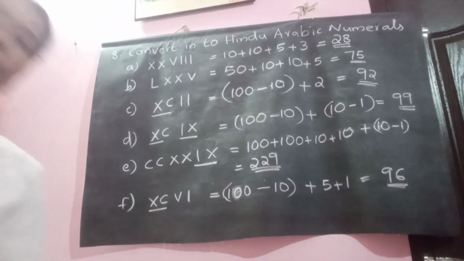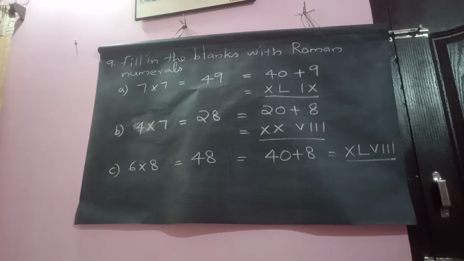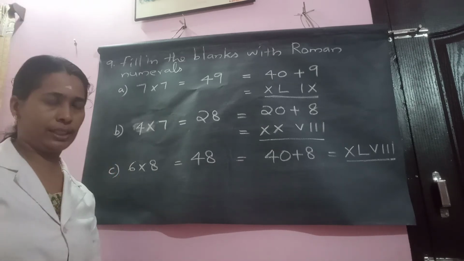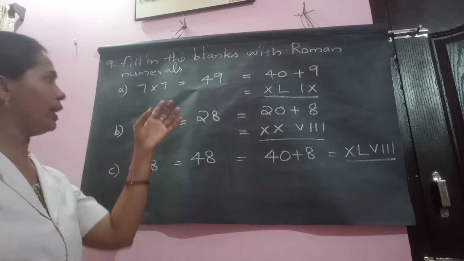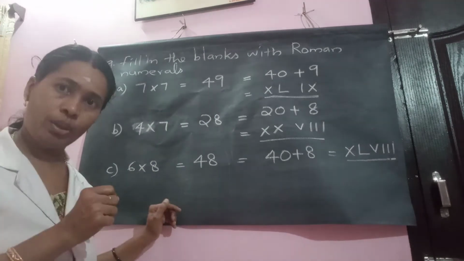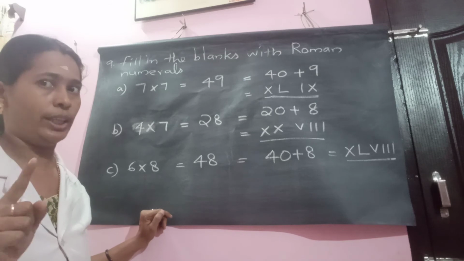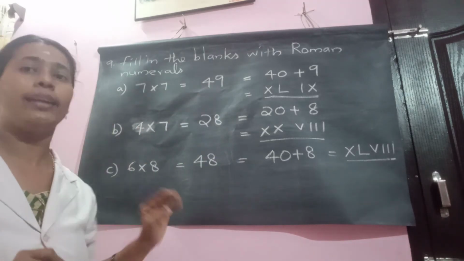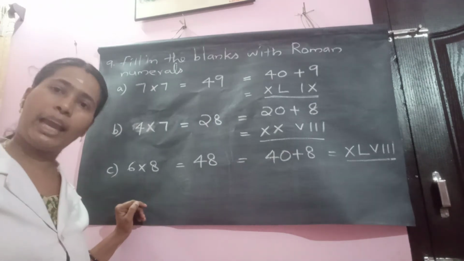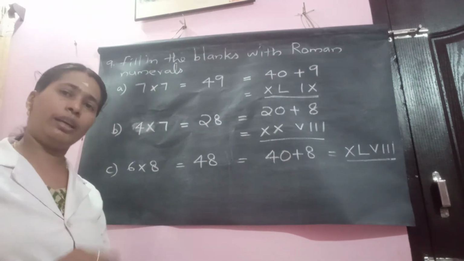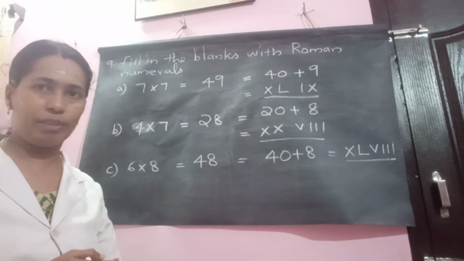Next, let us move to the last question. The last question is fill in the blanks. If you want, you can fill it in your textbook itself. But those who are writing in the textbook, use pencil only. Don't use pen for filling the blanks in your textbook, because if any mistake happens, we can't rub it easily, and then you have to rewrite and it will be a problem.